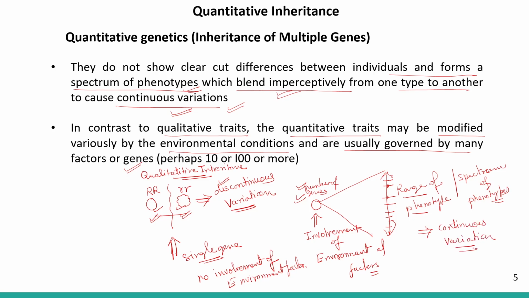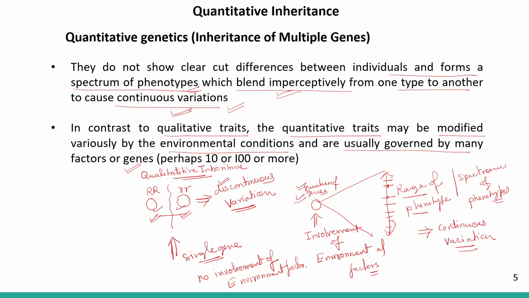So this is an example of continuous variation. There are certain differences between qualitative and quantitative inheritance. Qualitative is controlled by a single gene having 2 or more alleles. Quantitative inheritance is controlled by a number of genes.